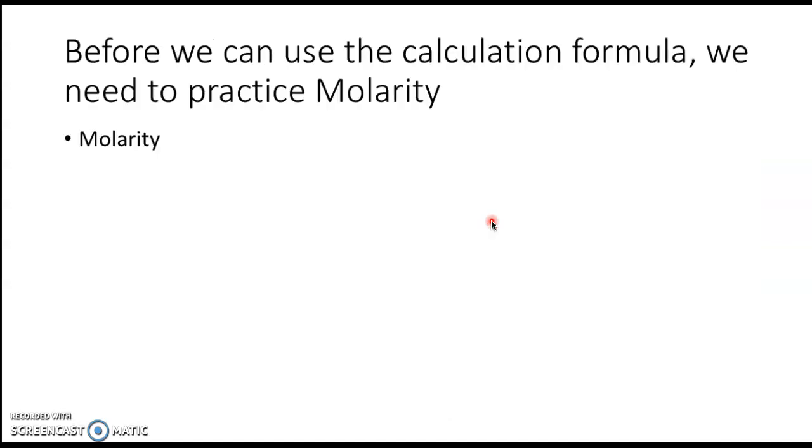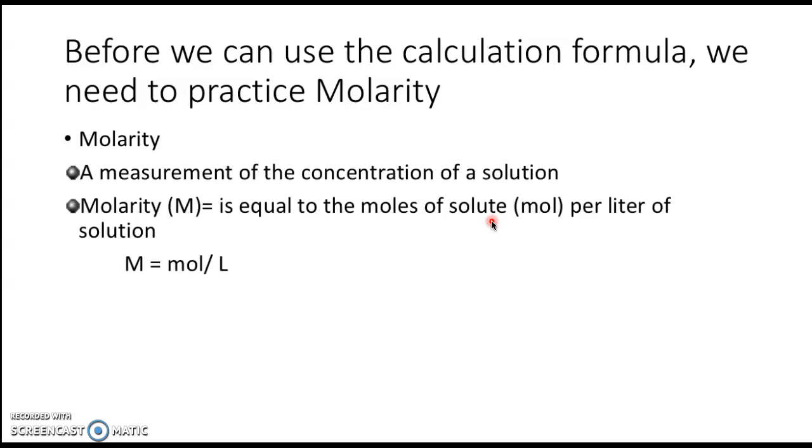So before we can even talk about that, we need to talk about molarity, because when it comes to titration, molarity is key. Concentration is very much key. So molarity is the measurement of concentration of a solution. Molarity is the amount of moles of solute per liter of solution. The formula is molarity, or capital M, equals moles divided by liters.